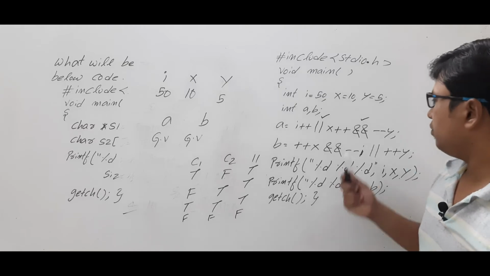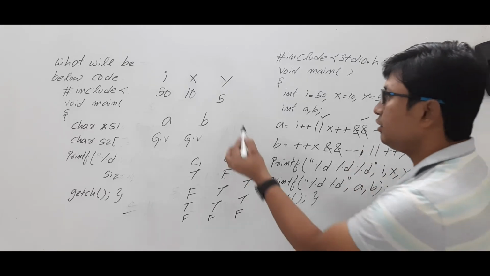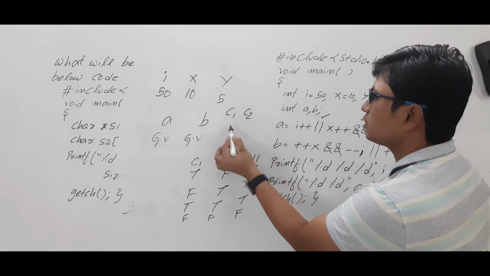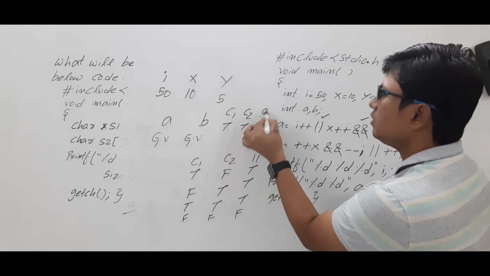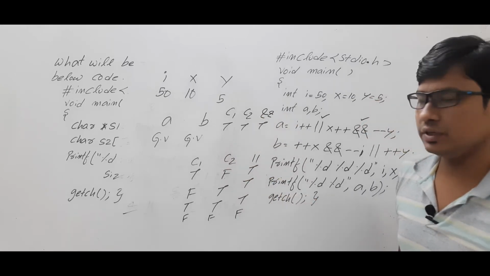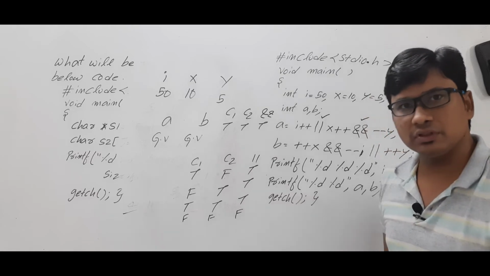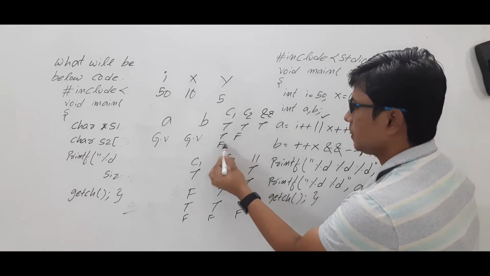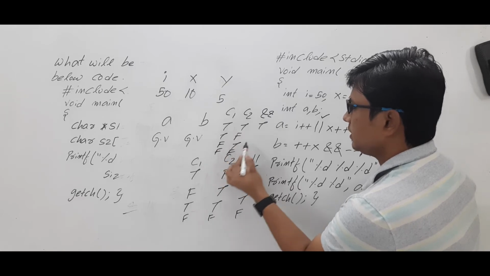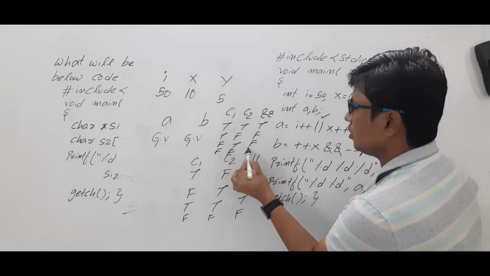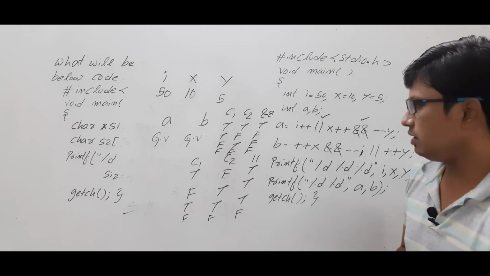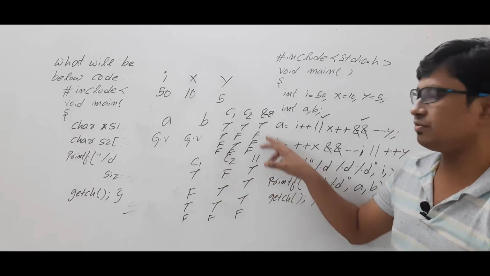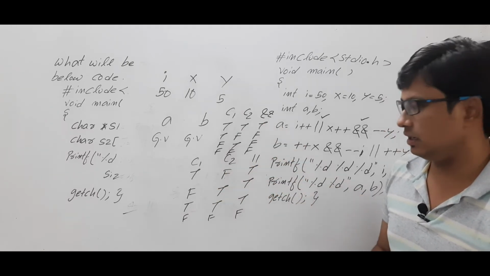Is it clear? Whereas for logical and, if both the conditions are true, then only logical and will give you true. If any one of them is false, or both are false, then you will get false only. In all other cases, you will get the logical and as false. So I hope you are able to understand the difference between the logical or and logical and.